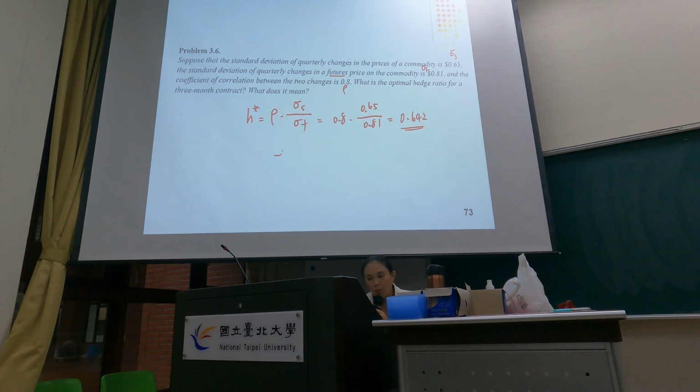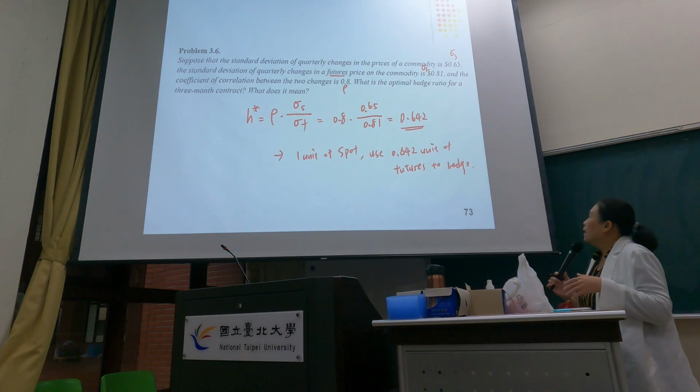Okay, so what does it mean? When you buy or sell 1 unit of spot, you will use 0.642 unit of futures to hedge. That's the meaning of hedge ratio.